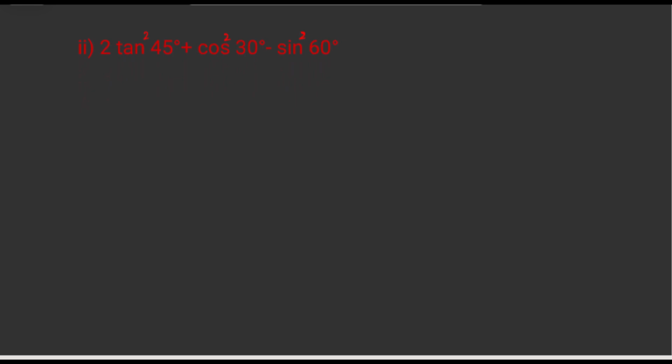So 2 into tan power 2 45 degrees plus cos square 30 and sin square 60. So I am writing once again sin 0 is 0, sin 30 is 1 by 2, sin 45 degree is 1 by root 2, sin 60 is root 3 by 2 and sin 90 is 1.